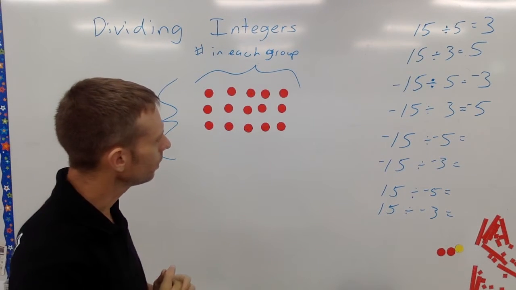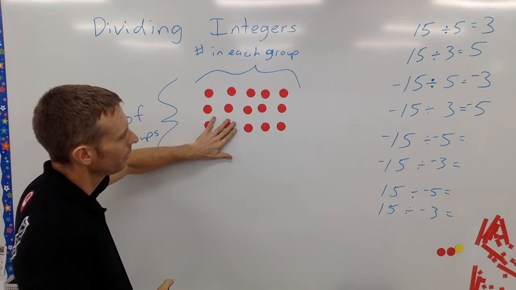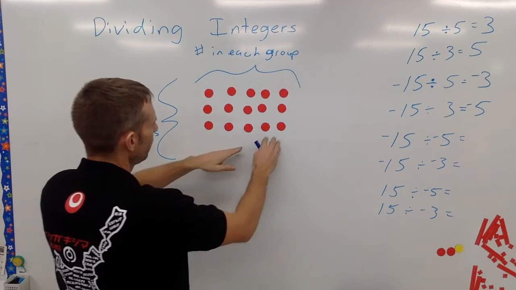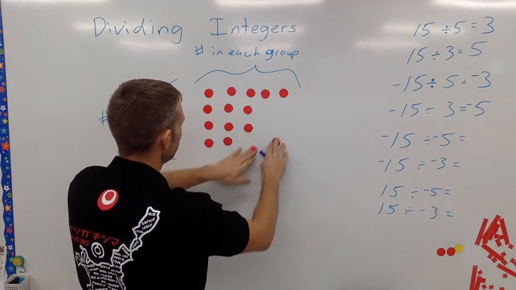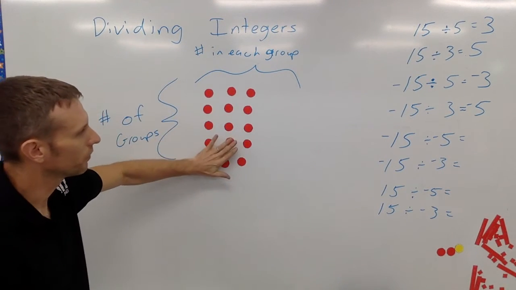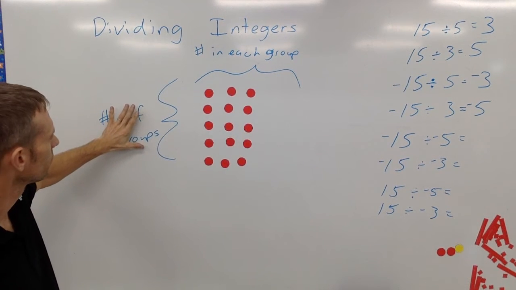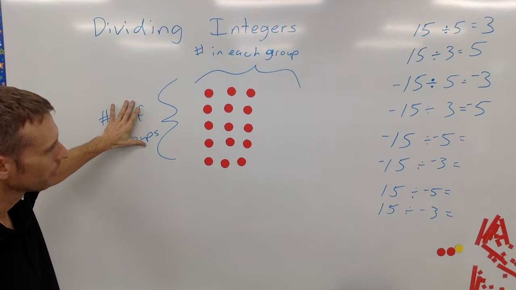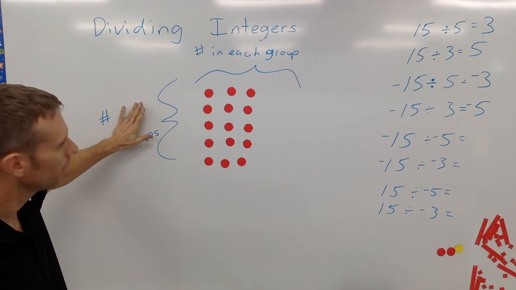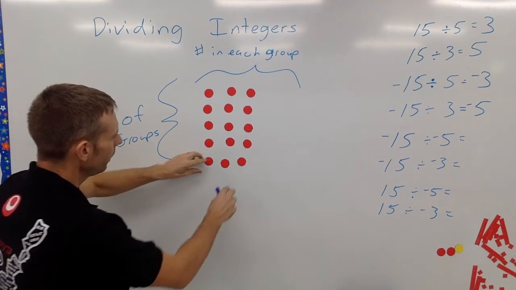Now, what if I have negative 15 divided into negative 5 groups? This would be my negative 15 divided into 5 groups, but instead of negative 15 divided by 5, I want negative 15 divided by negative 5.